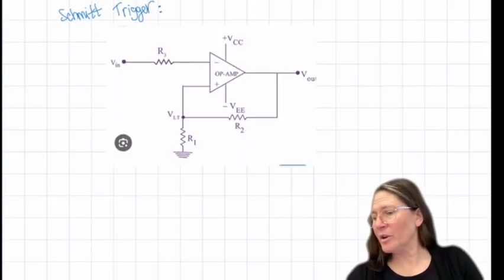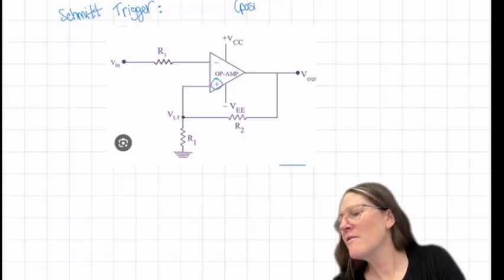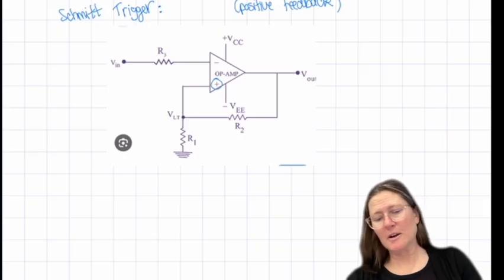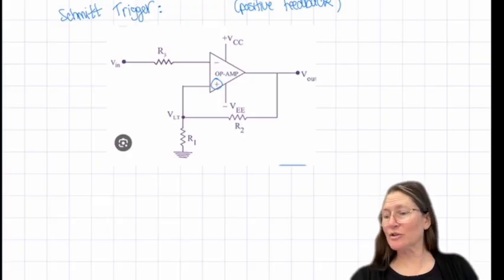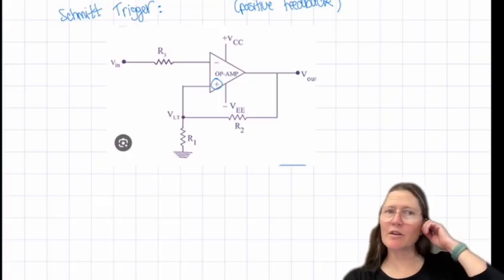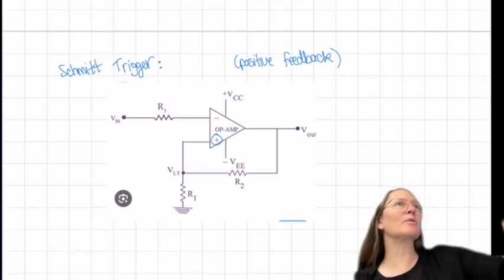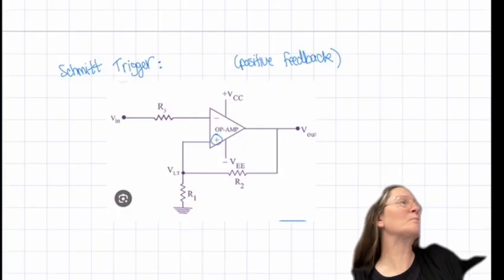So this one has what's called positive feedback, which we don't work with a lot. But it's basically called hysteresis, and you can use this circuit to remove that issue of it fluctuating a little bit. It takes it a minute to do the comparison between the negative and the positive terminals.